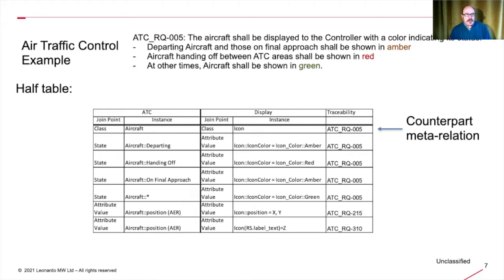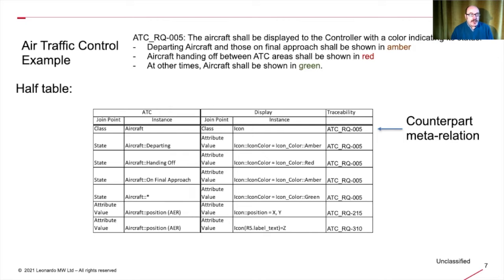And here's what it looks like. On the left-hand side of the table, we've got the half that refers to the air traffic control domain, and on the right-hand side, we've got the half that refers to the display domain. And first thing to note is that the first element in the row of the half table is a counterpart object relationship.